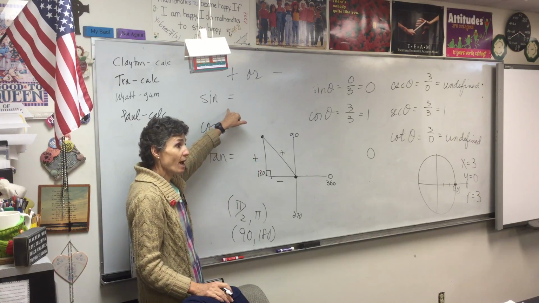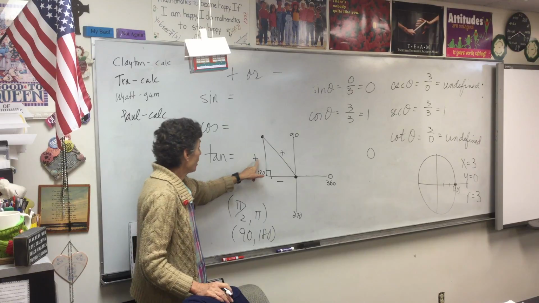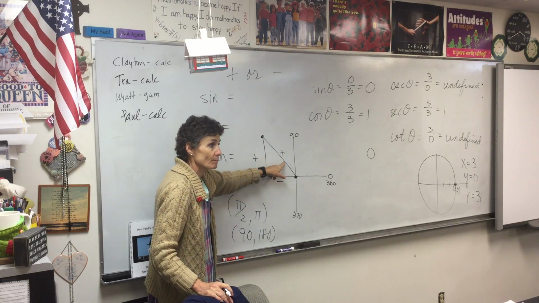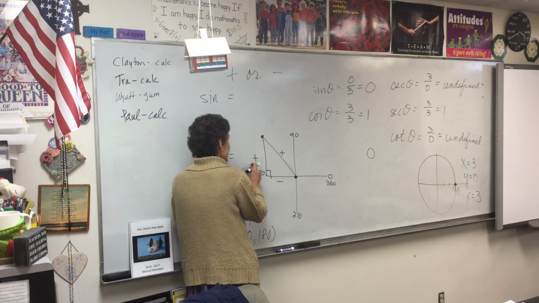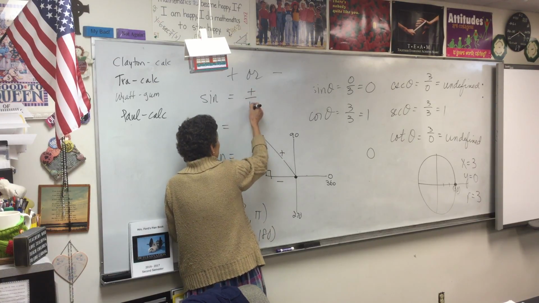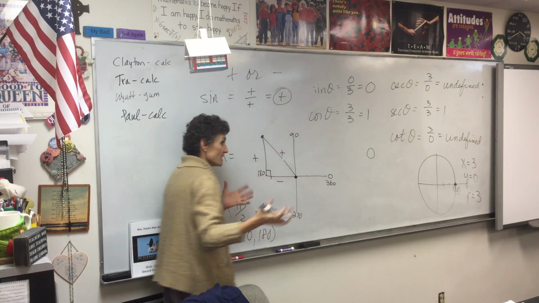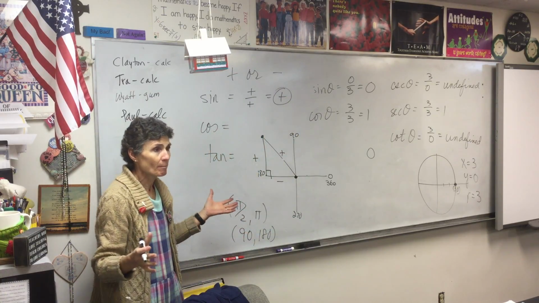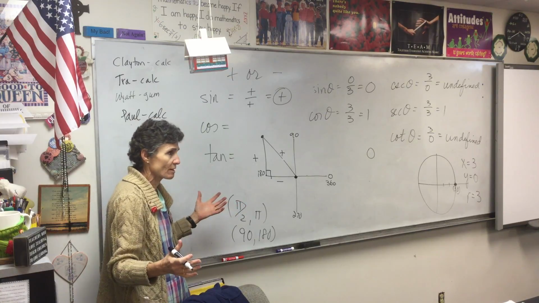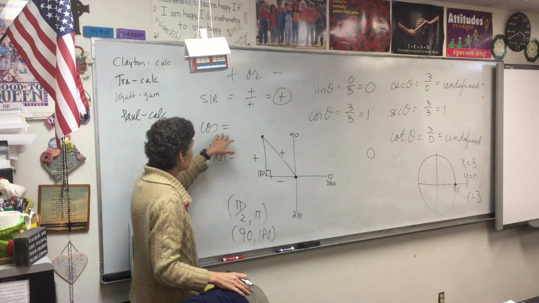Now, when I do sine, I do opposite over hypotenuse. Opposite over hypotenuse. That would be positive over positive, wouldn't it? So the answer to the question is, it's positive. I don't have any numbers. It's not like 2/3 or something. It's just positive. Now what about cosine?